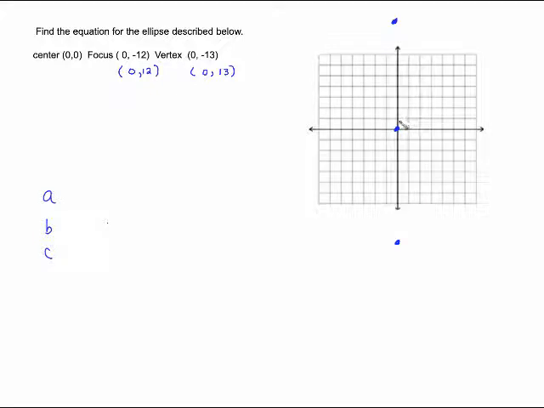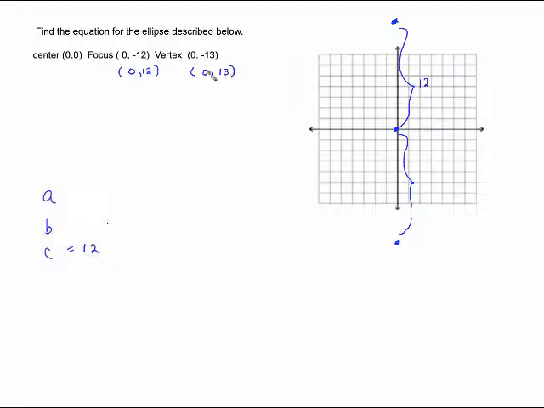And as soon as you put the focus here, here, and here, from this center of 0, 0, you're looking at this distance right here, or this distance right here, both of which are 12. And what that refers to is your C value. Your C is 12 because your C represents the distance from the center to one of the foci. So C is 12.